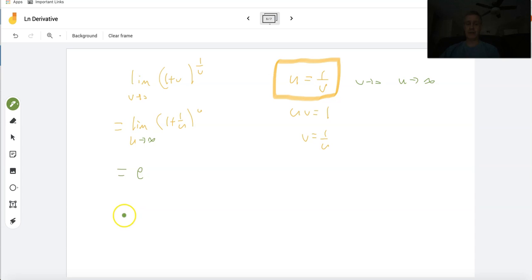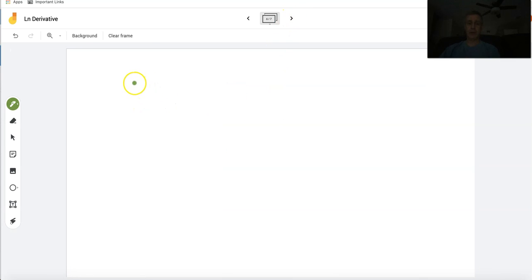And so going back to that, and I'll do this on the next page, we had the limit as v approaches 0 of 1 over x times the limit as v approaches 0 of the natural log of, I'm sorry, it wasn't that, it was actually 1 plus v raised to the 1 over v.